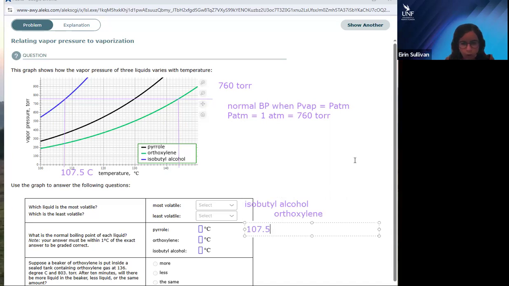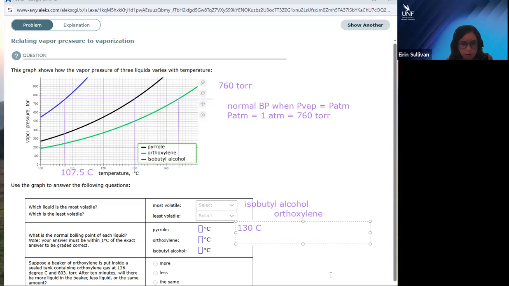For the orthoxylene, no, sorry, pyrrole. It's asked for pyrrole first. Excuse me, apparently I can't see colors. So pyrrole is a black line. That's the one we haven't done yet. So where the 760 torr line meets the black line for our pyrrole, I think that is pretty much spot on 130 degrees Celsius there. So pyrrole is the one in the middle, 130.